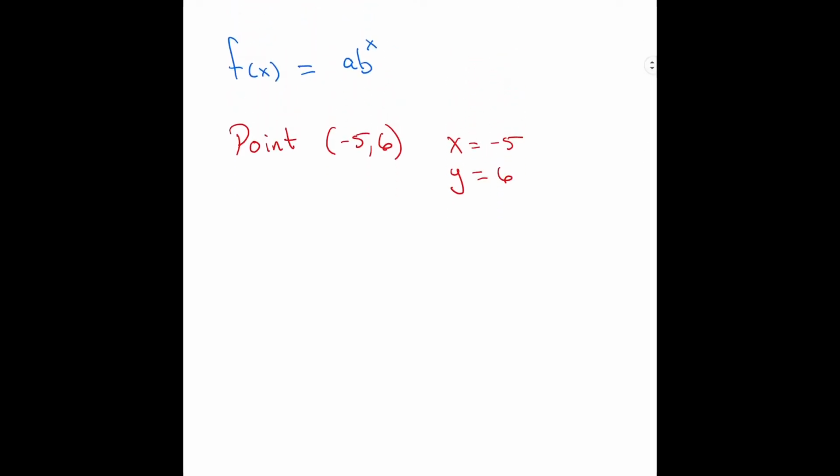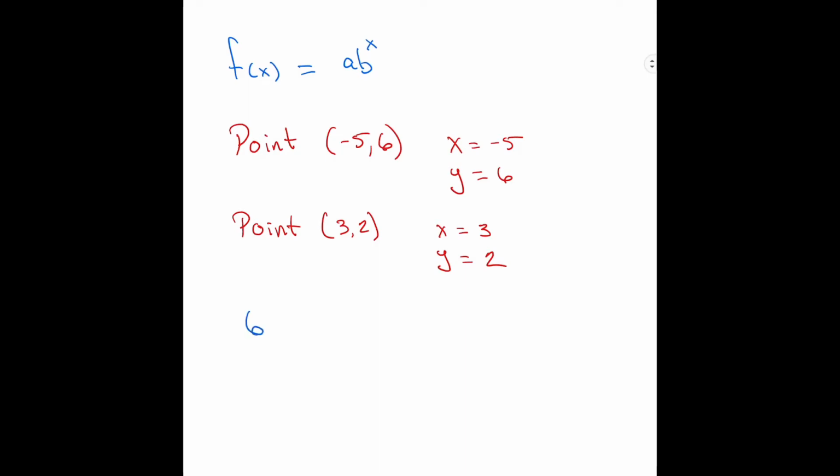Similarly, for the point (3, 2), that means x is equal to 3 and y is equal to 2. So I'm going to put that information together with my exponential function.